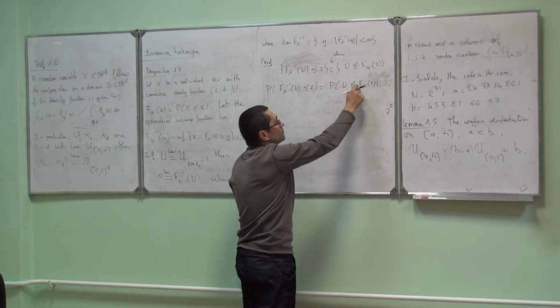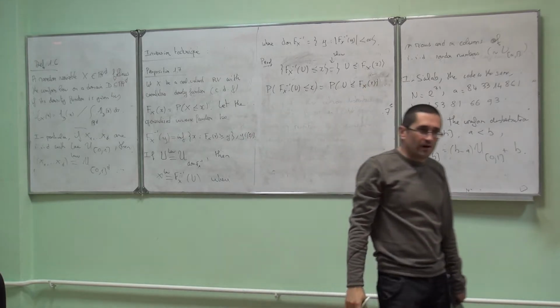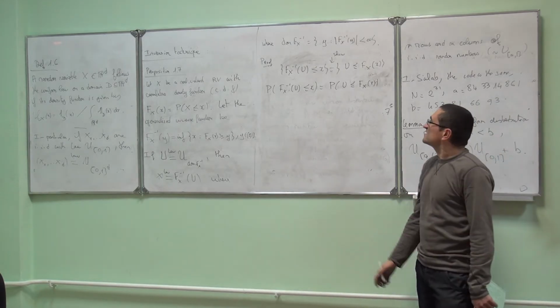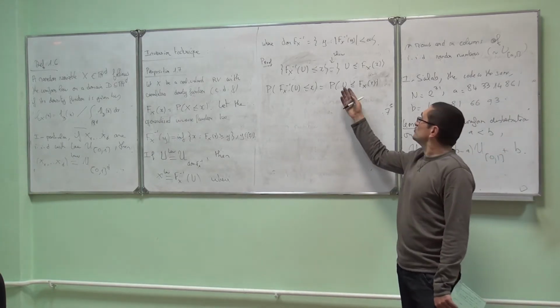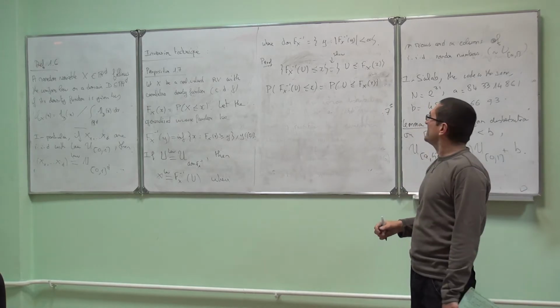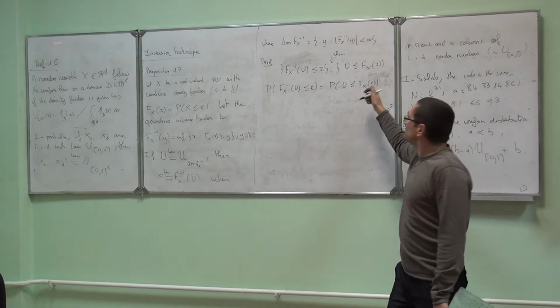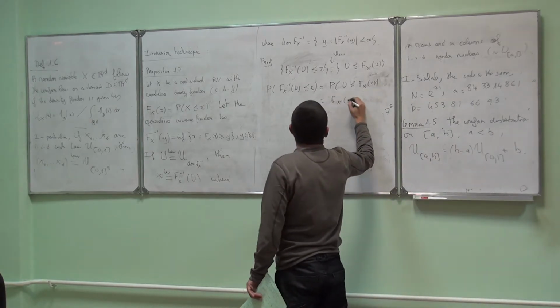You know that this number belongs to (0,1), and u is a uniform distribution on (0,1). So you know this quantity. This is the length of the interval (0, Fx(x)), precisely Fx(x).